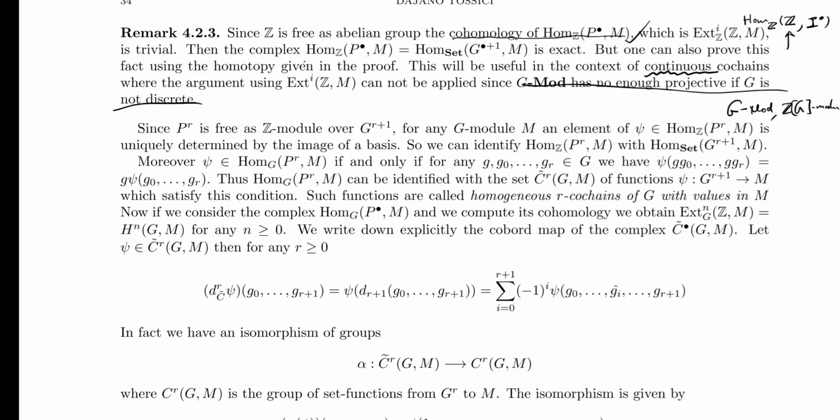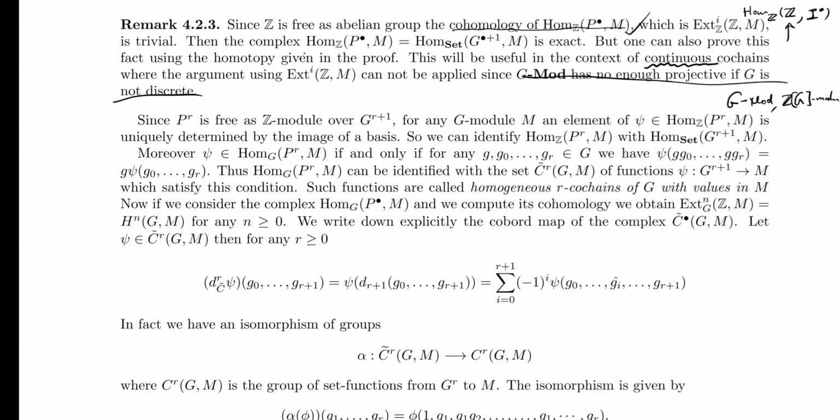It doesn't work simply because this depends on the fact that we can translate G modules into ZG modules, and we actually construct P_R as a projective resolution of Z as a ZG module. But when G is not discrete, it's not a ZG module anymore.